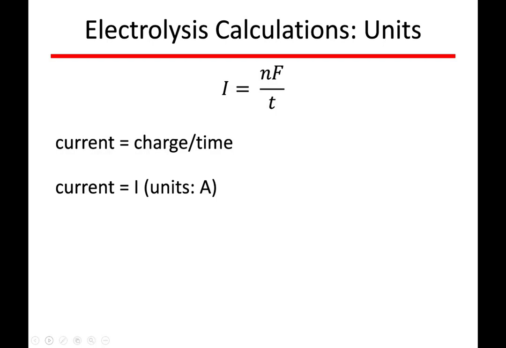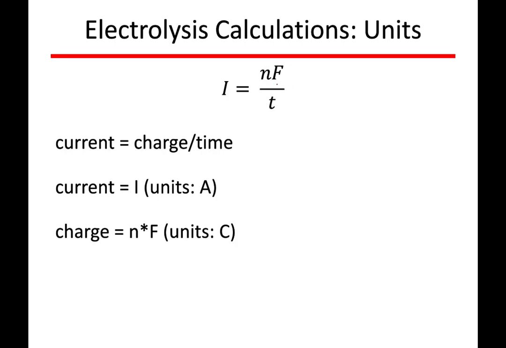And for current, which again is represented by I here, the units will be amps. It's capital A. Now let's talk a little bit more about what amps represents. So in this equation, in the numerator, you have n times F. So let's think about the units that we have on that. n is the number of moles of electrons, and F is coulombs per mole of electrons, right?